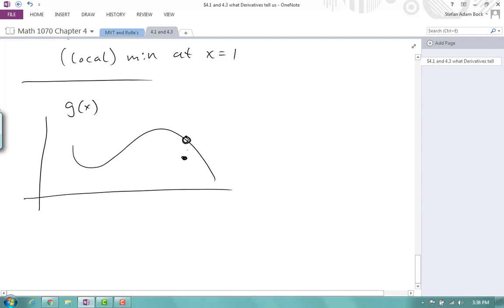It's got a little piece broken off over there, and I'm looking at it from A to B. Based on my picture, I have a local maximum at the top of this hump, but I also have a local minimum at this free-floating dot, because this dot is below the rest of the curve, and if I look at x values near the dot, they're up above.